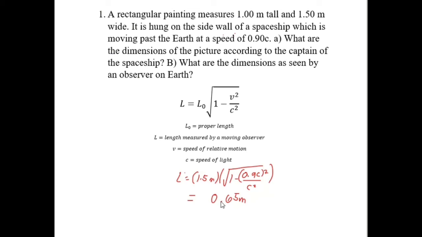So according to the observer on Earth, umiksi yung painting, which is moving. Okay? Pero of course, according to the captain, since kasama niya yung painting, the painting still measures 1 by 1.5. Okay? So do not be confused with the concept. Depende dun sa kung sino yung nag-observe at rest, relative dun sa length na mina-measure.